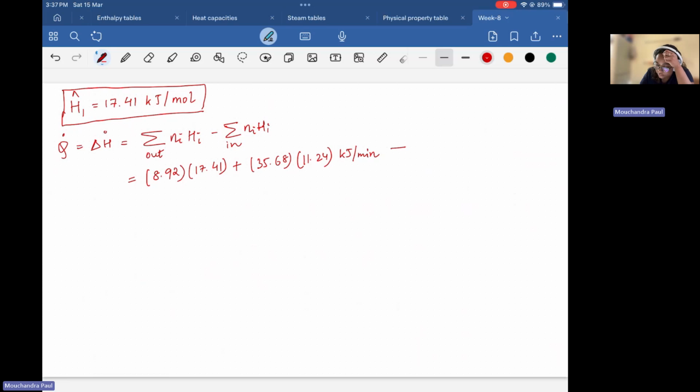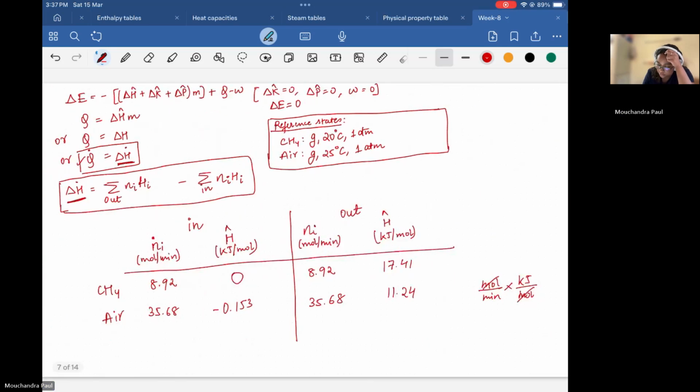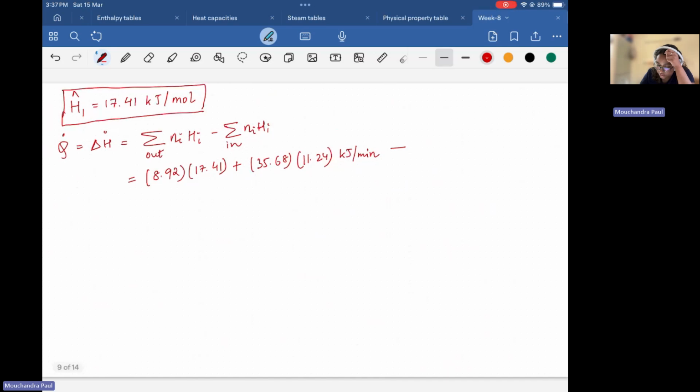Minus, in this first part will be 0, so no need to write. And this is the second part, 35.68 into 0.143. So you solve this.